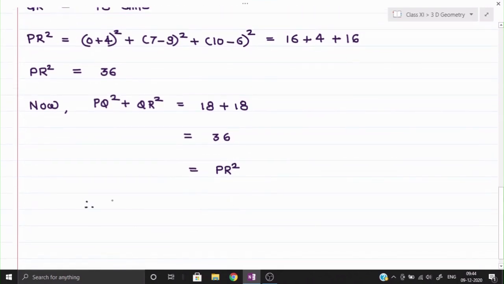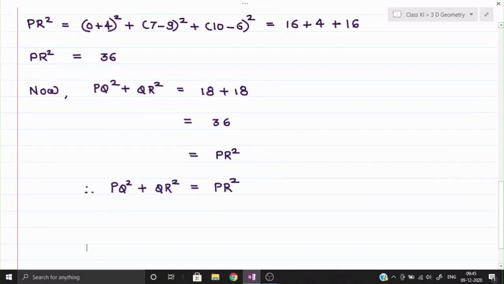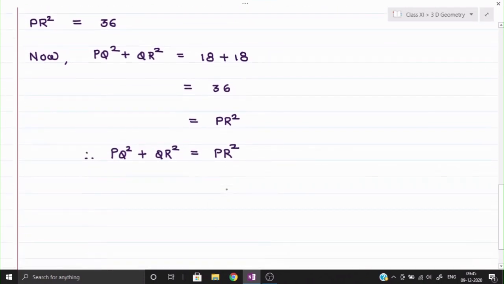Therefore we can say PQ square plus QR square will be equal to PR square. So now see, here PR will become the hypotenuse and PQ and QR will be the other two sides of the triangle which have the point Q common. Means Q will be the point of perpendicular here.